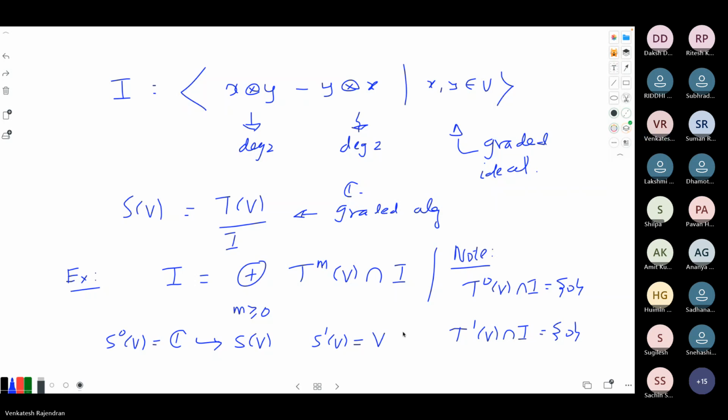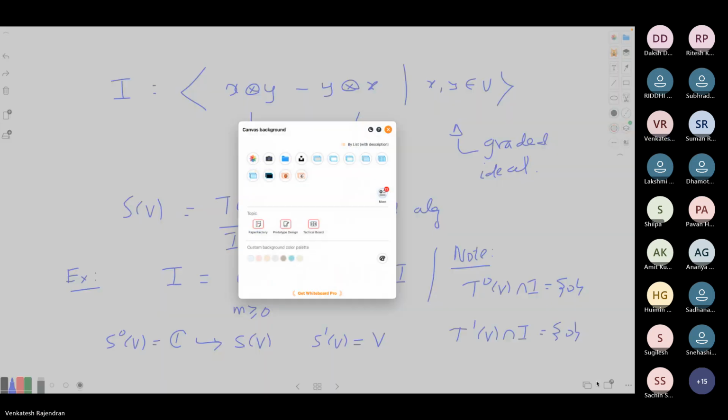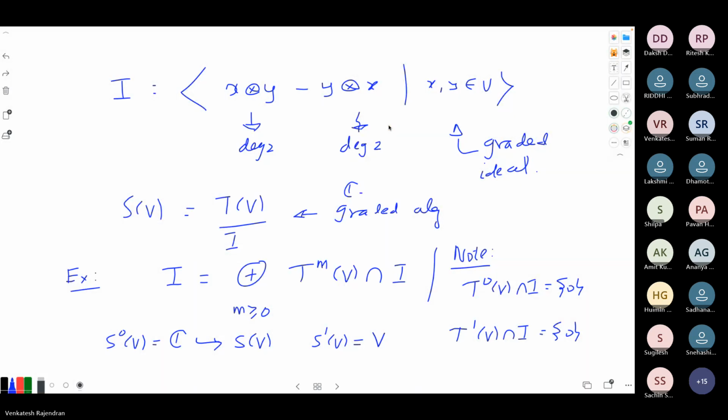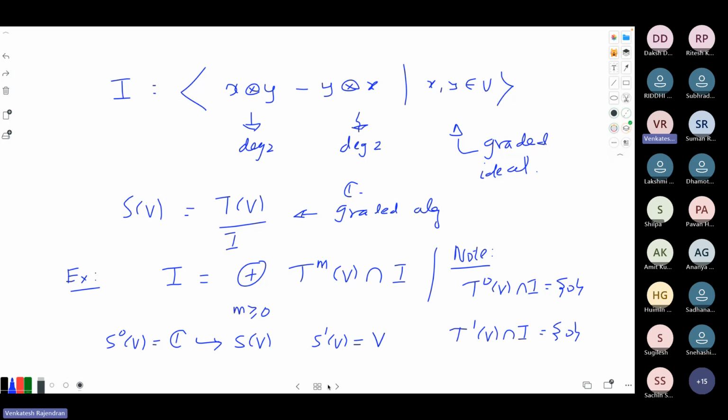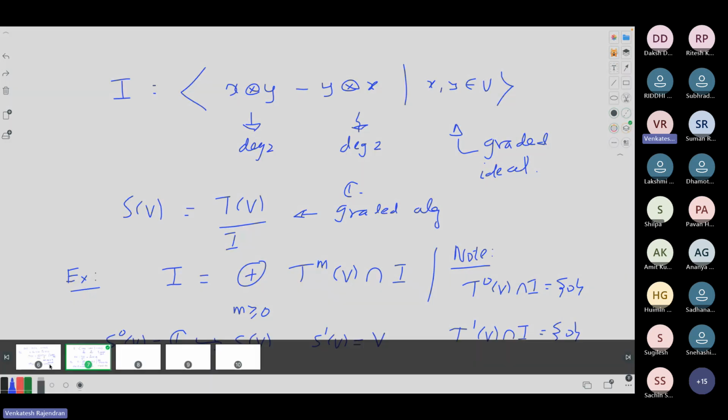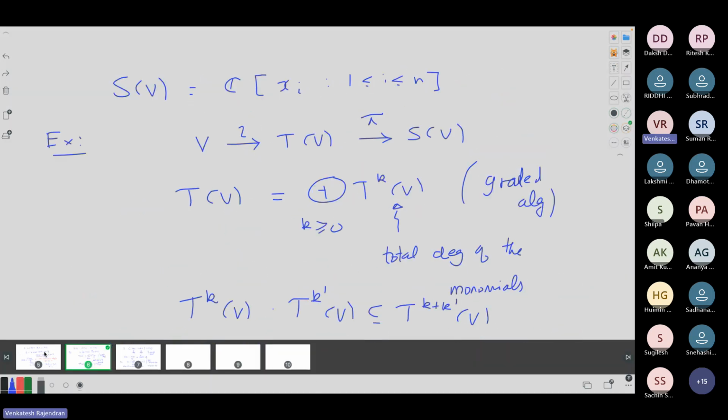Okay. So now, if you go back to the previous page, yes, now we are looking at this map.